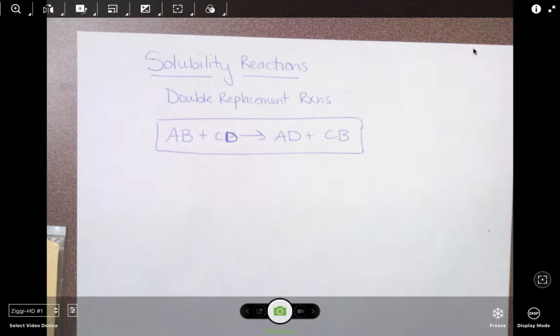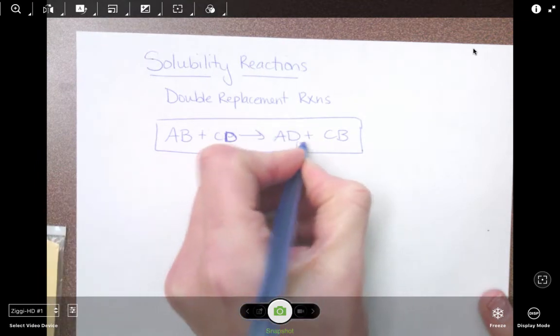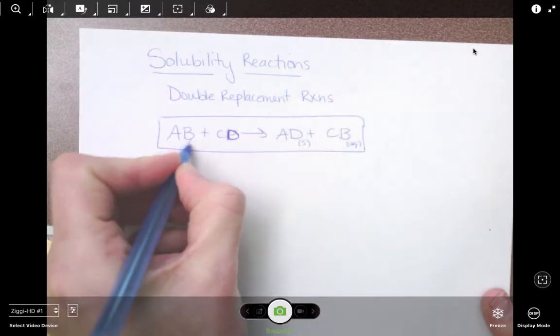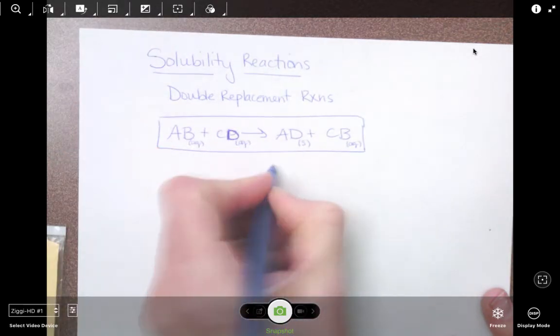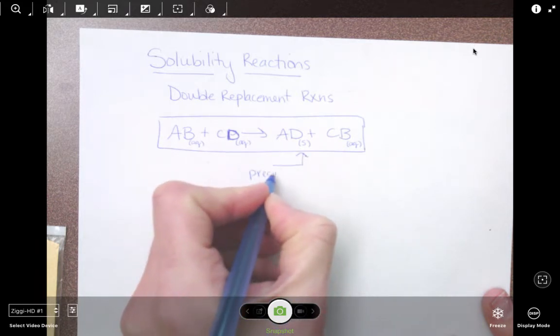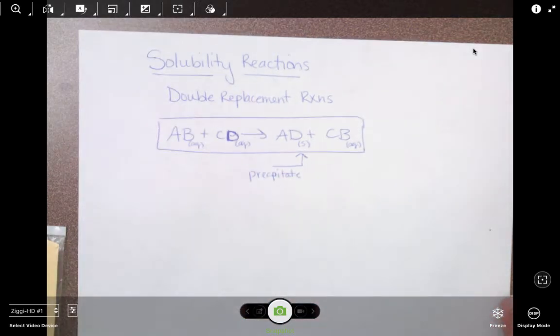So whenever you have a double replacement reaction, one of the products that forms is a precipitate, and another one of the products is going to be aqueous. So you have two aqueous solutions coming together, and you produce a precipitate and an aqueous solution.